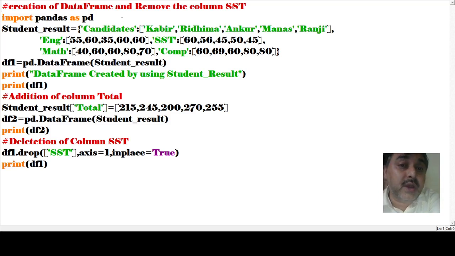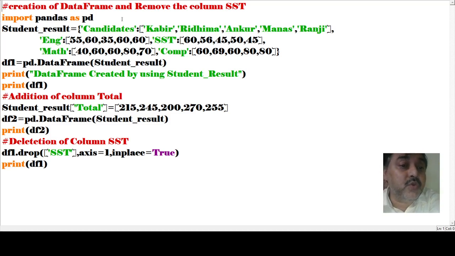After that, I want to add one column. So what is the column name? student_result_total equals, and I have given some values of the total. Now see here, df2. That one was df1. I have said earlier when discussing the data frame that we can bring df1, df2, df3, df4 as per our requirement.